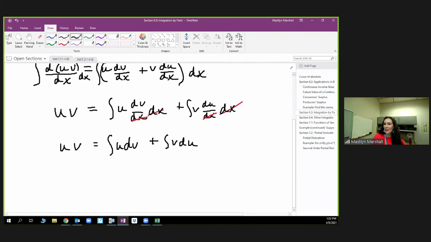And integration by parts rearranges this equation by just taking all of this part and subtracting it over to the other side.